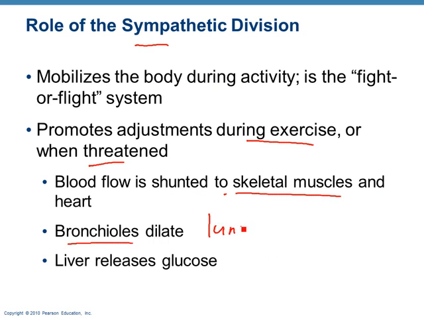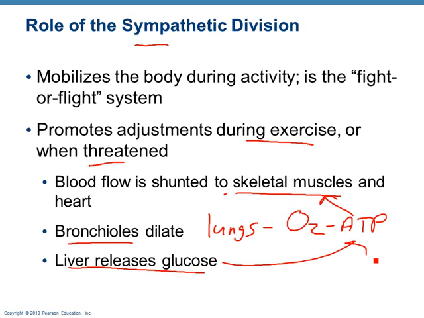Why dilate them? To open up that airspace and bring in more air and more oxygen. We need oxygen to make ATP, and ATP is needed to run those muscles. You're also going to release glucose from your liver, because you need glucose to make ATP, so you can get away. You do these things to make yourself more effective at escaping a situation, or if you're ramping up your activity like in exercise.